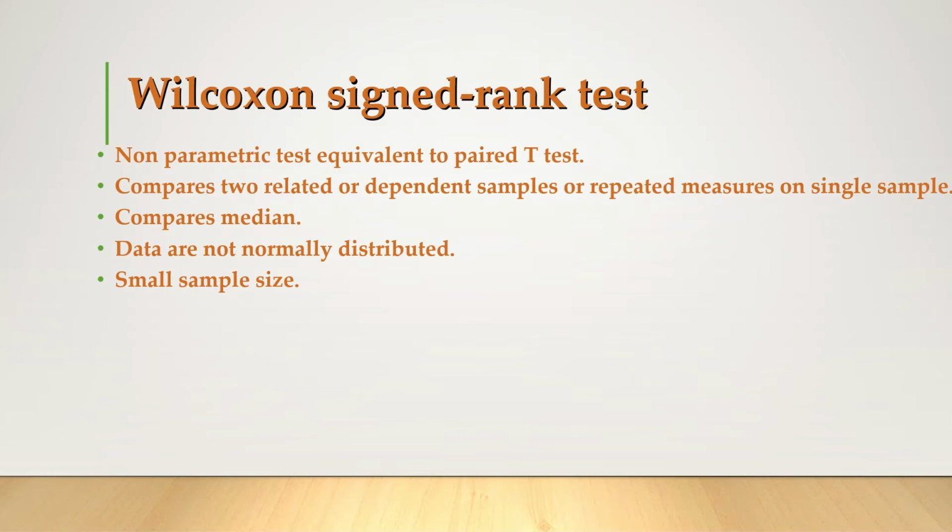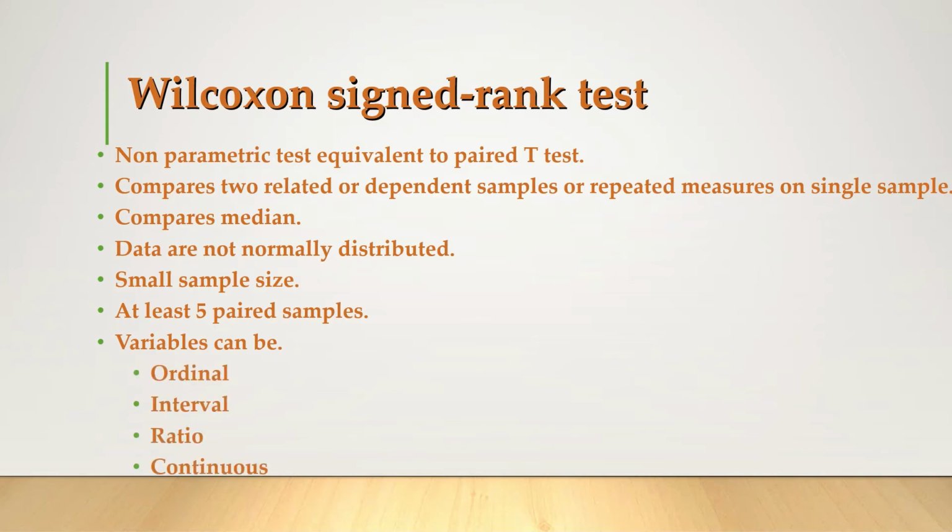The test is also used when the sample size is small. To use the test, you need to at least have 5 paired samples, at least 5 participants or individuals in the data. The variables within the data can be either ordinal, interval, ratio, or continuous.